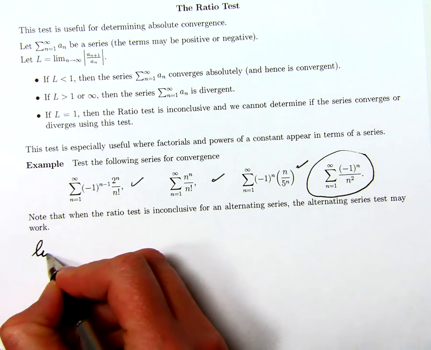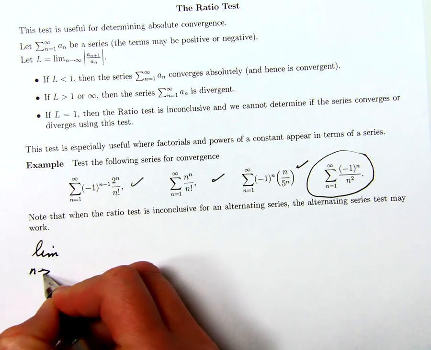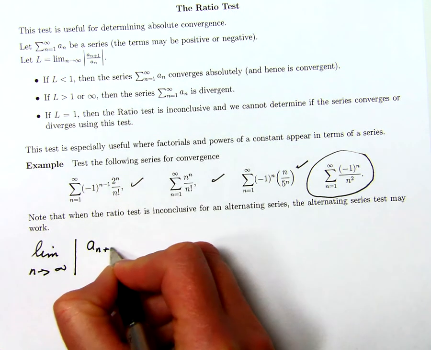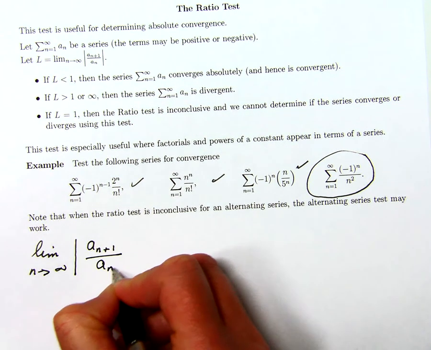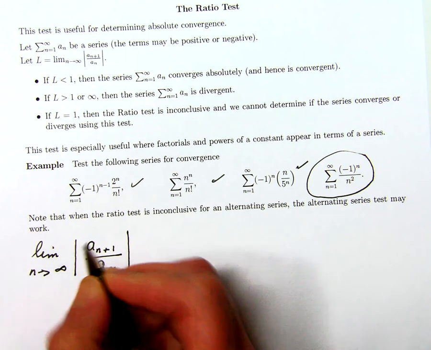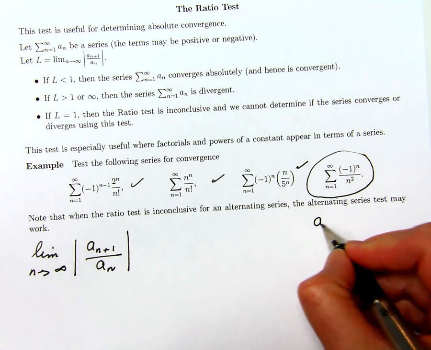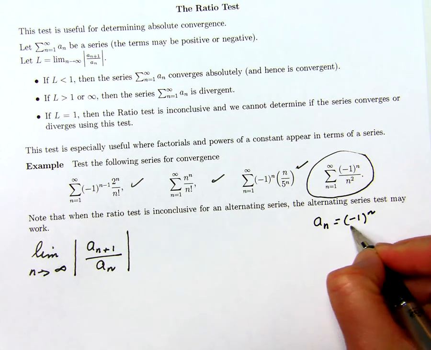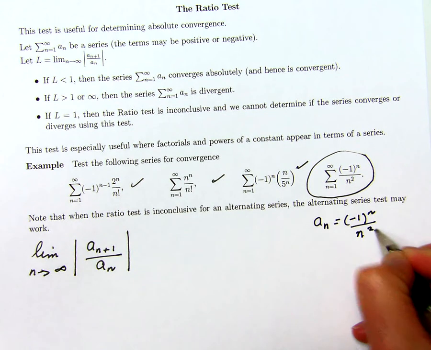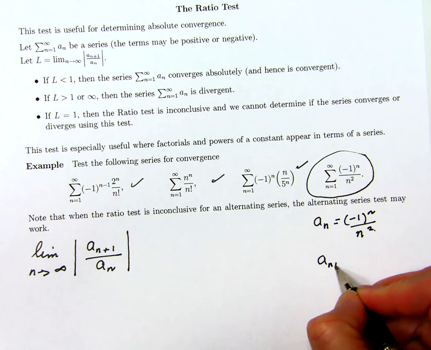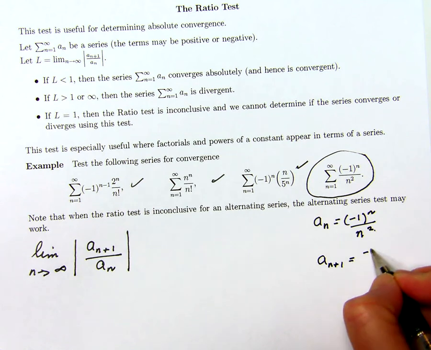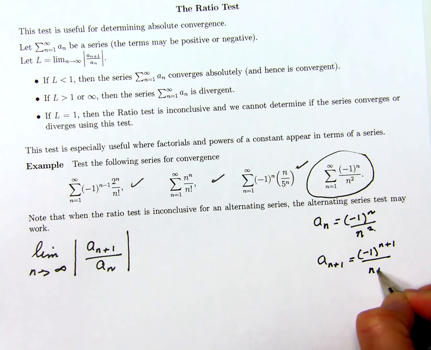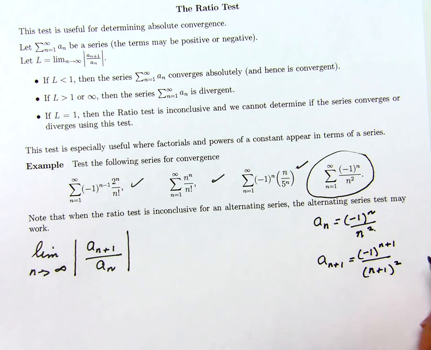So we'll look at the limit as n goes to infinity of the absolute value of a_(n+1) over a_n. And here we have a_n is (-1)^n over n squared, and a_(n+1) is (-1)^(n+1) over (n+1) squared.